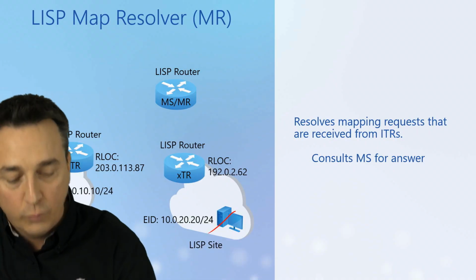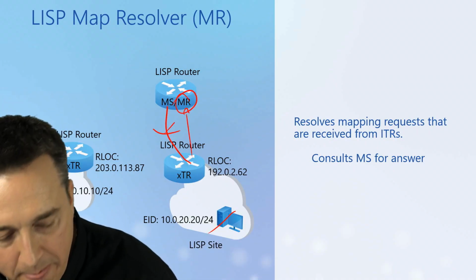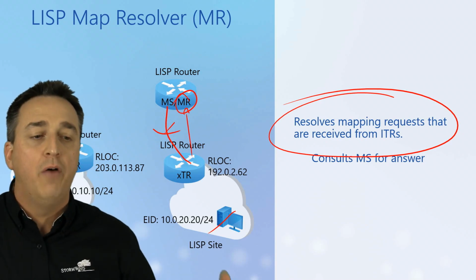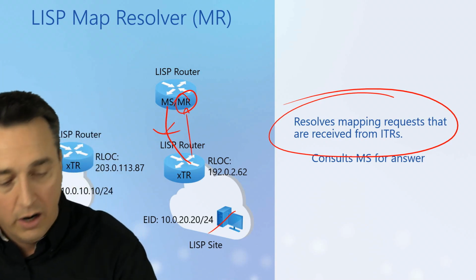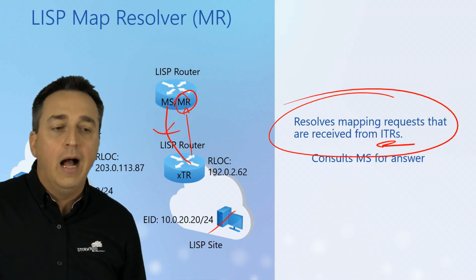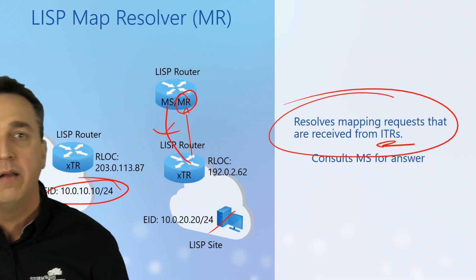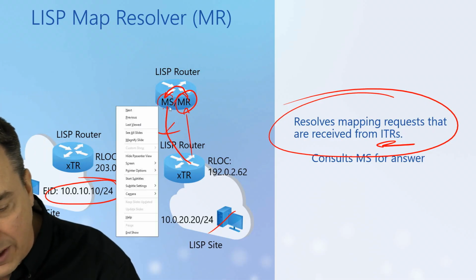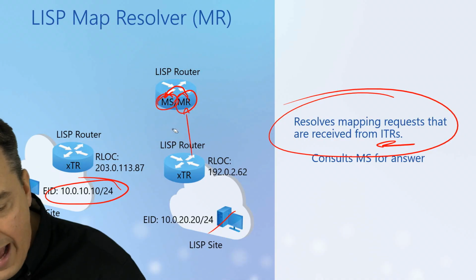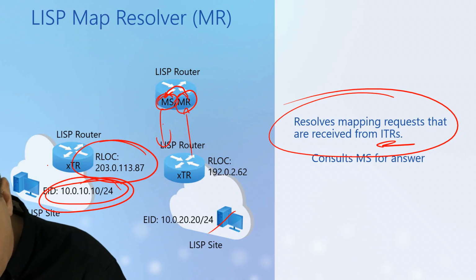So it has to reach out, not to the mapping server, but to the map resolver. It says, map resolver, I'm the ITR over here, and I want to know how to get to 10.0.10.10. Then the map resolver contacts the mapping server, and that information can be provided back. What would be provided back is: this is reachable via this.